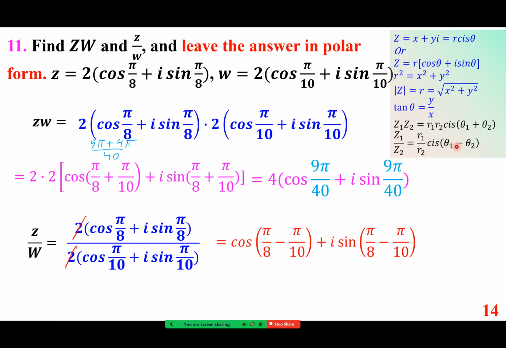If you recall, we decided 40 is the common denominator. So the first one gives us 5 pi, the second one 4 pi. So the answer is pi over 40. So cis pi over 40, or cosine of pi over 40 plus i sine of pi over 40.